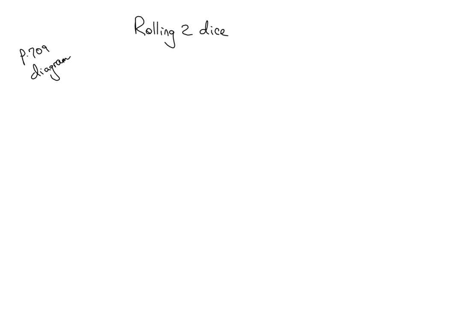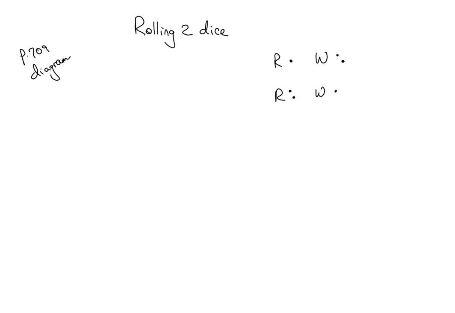Notice they have a white die and a red die. Everybody see that? So you want to think of the 2 dice as being different colors. So that means that getting a red 1 and getting a white 2 is not the same as getting a red 2 and a white 1. Yes, it's still a 1 and a 2, but you need to think about which die is giving you which number.